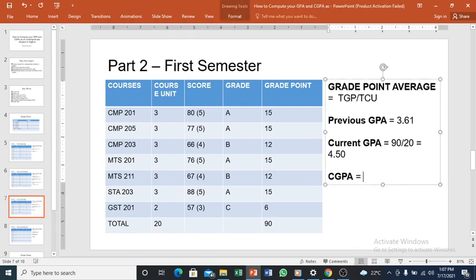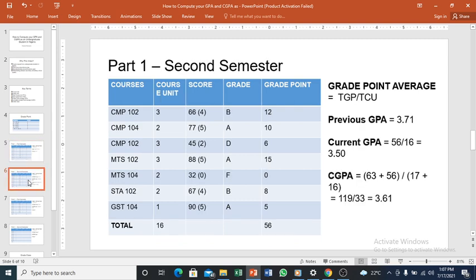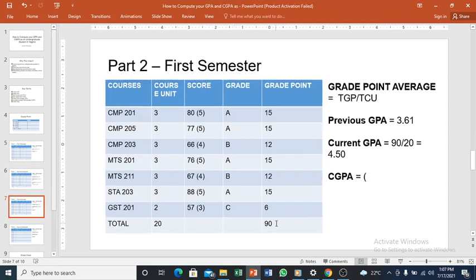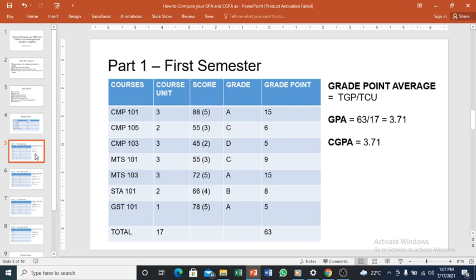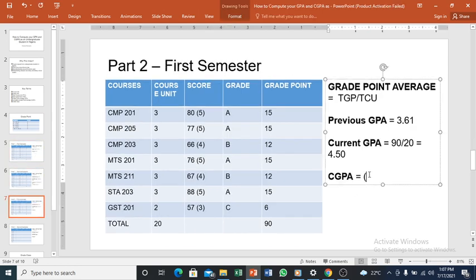So now let's calculate the cumulative. We go over it again. First semester, what was the total? 63. That's 100 level first semester, 63. 100 level second semester, 56. 200 level first semester, 90. So let's take that: 63 plus 56 plus 90.